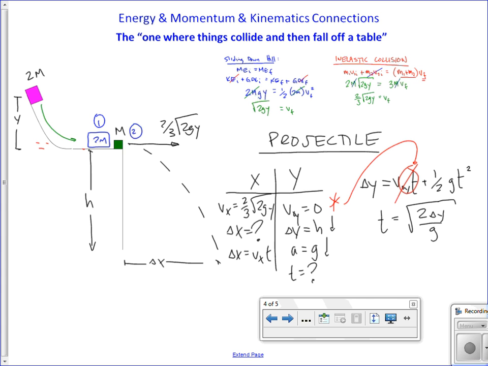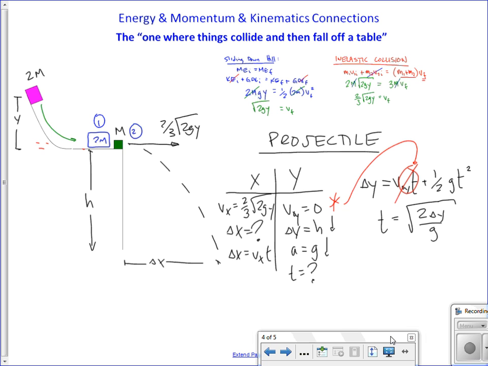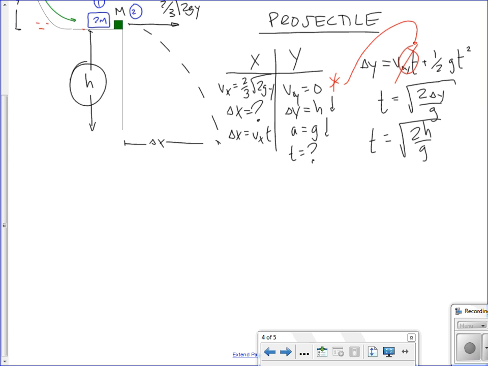Only works for one of these horizontally launched ones. Well, we're calling our delta y h. Okay, we're almost there, because we have enough now to substitute.